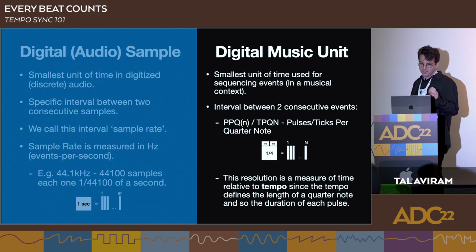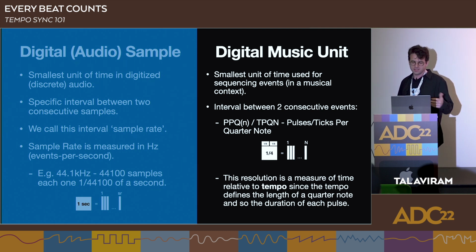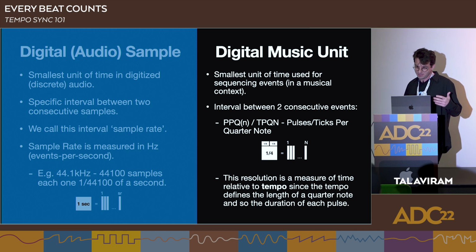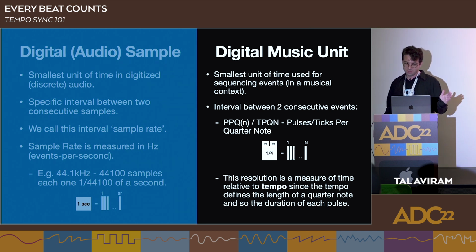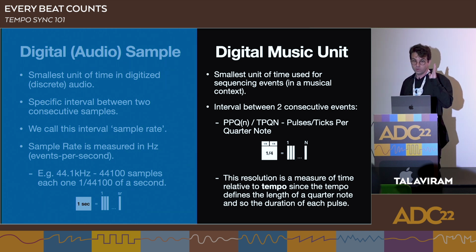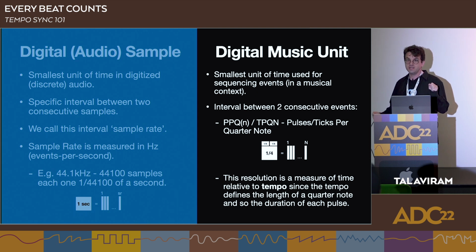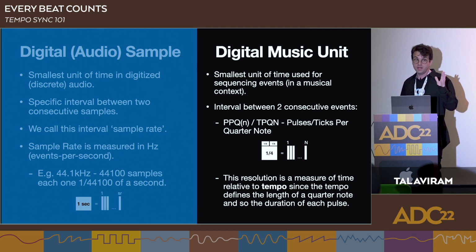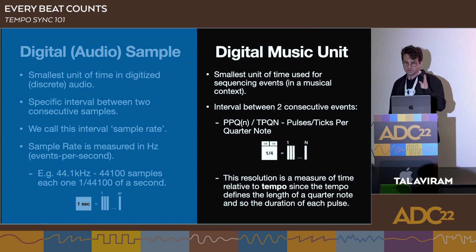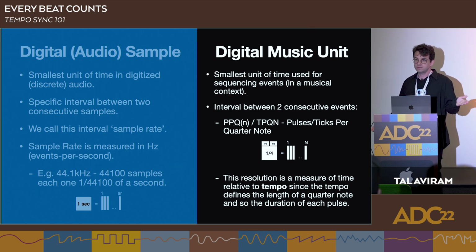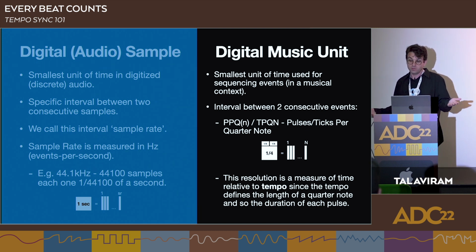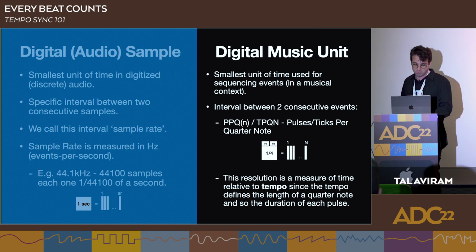So now we have digital instruments and musical interfaces that are talking in PPQs. They take a quarter and say, okay, we can divide this quarter into 24 pulses. And then, what's a quarter? The quarter changes based on the tempo. So again, it's a little tricky to understand.